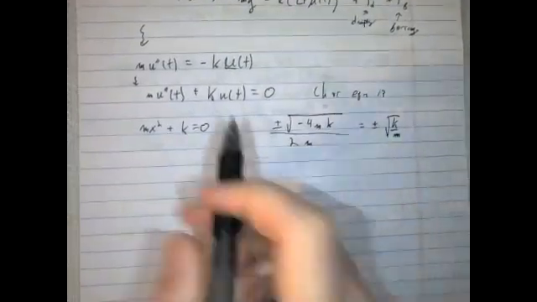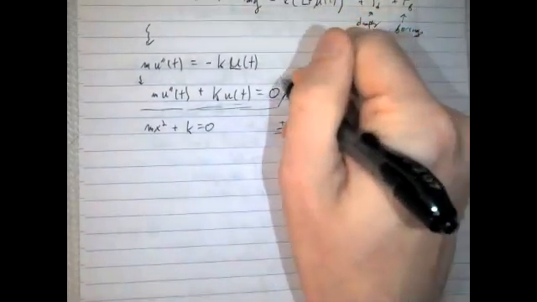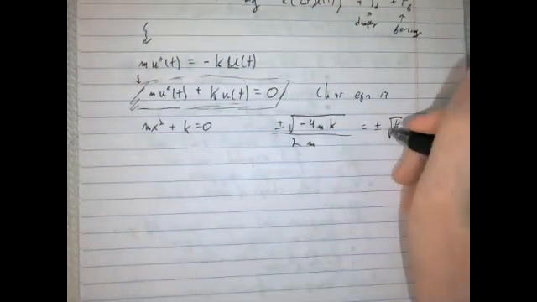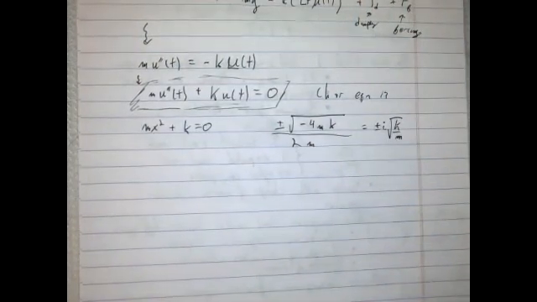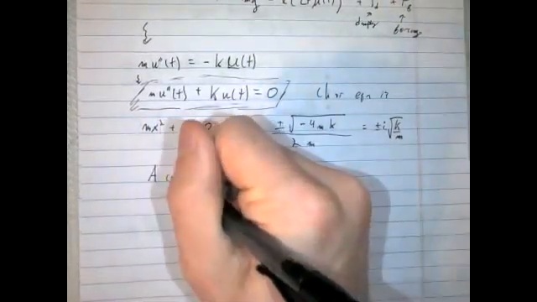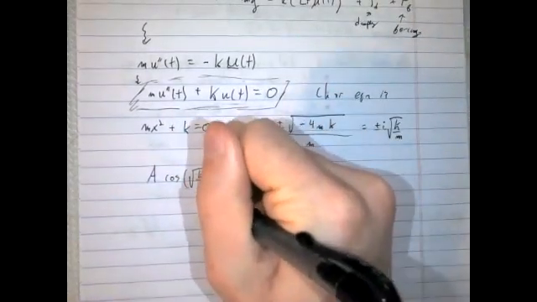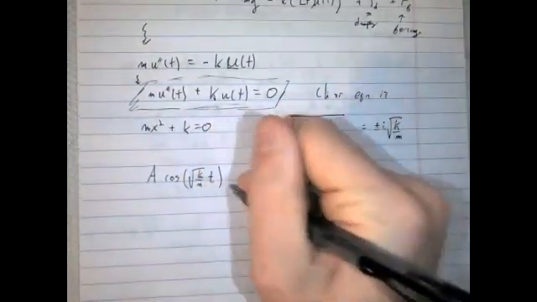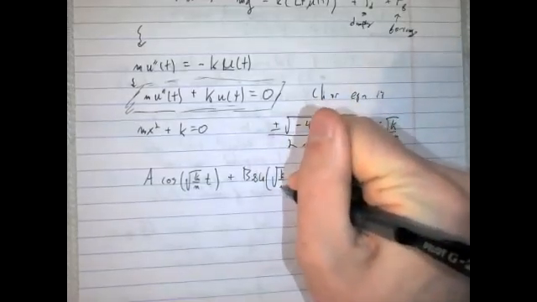So what is the general solution to this equation of motion? I have complex conjugate roots, so the solution is a cosine of root k over m times t plus b sine of root k over m times t.